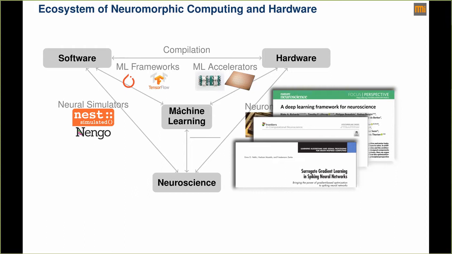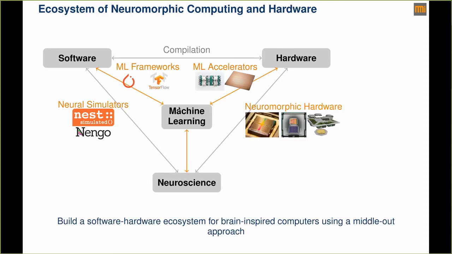There's been a flurry of work in this direction, which allows us to directly translate neuroscience, biological neural networks, into machine learning concepts. And what this allows us is this kind of a middle-out approach.